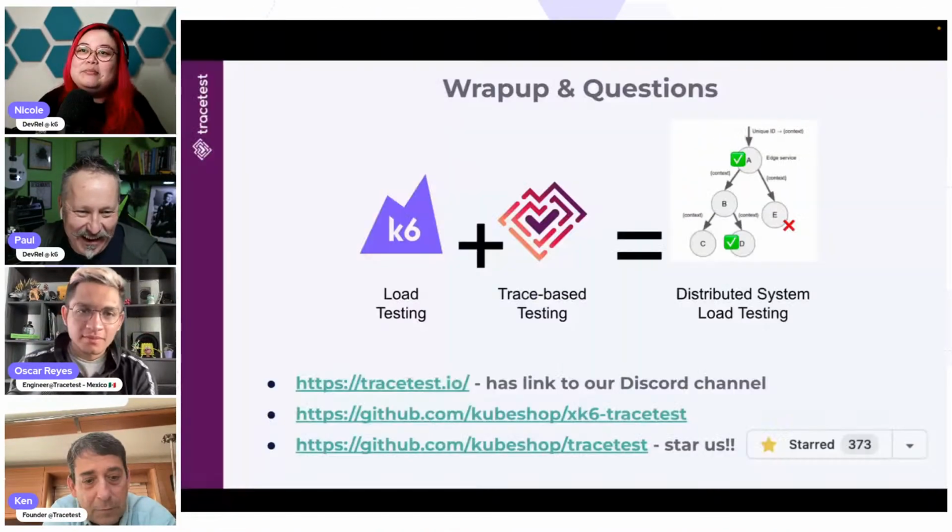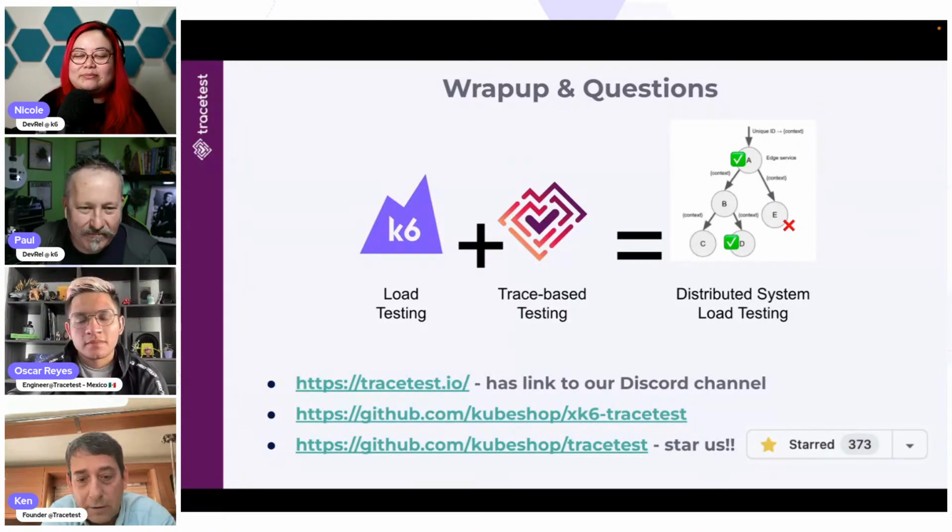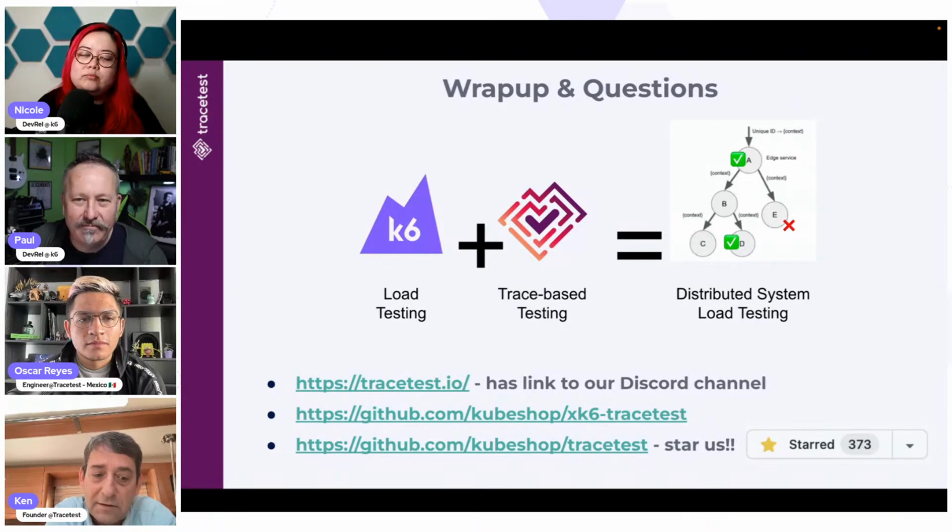If you go to tracetest.io, you can get to our GitHub, which will get you to our extension. It also has a link to our Discord channel, where we have conversations with people using the tool and trying it. And then there's the link to the xk6 Tracetest extension, and Tracetest is out on GitHub.